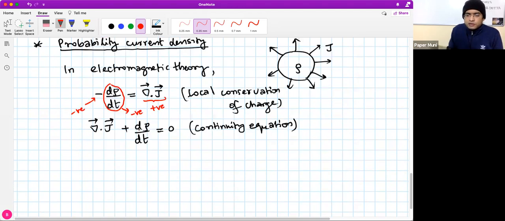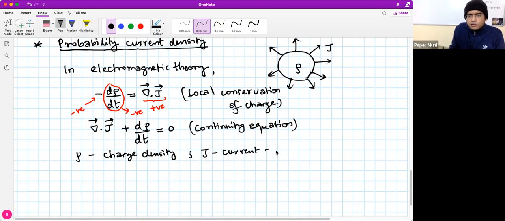Now in this case, rho is the charge density, which you can think of as a volume charge density, and J is the current density.